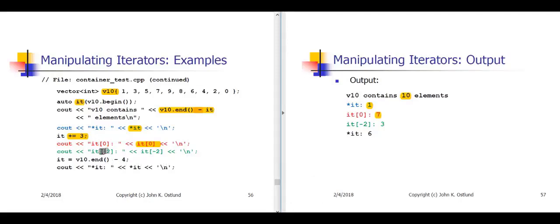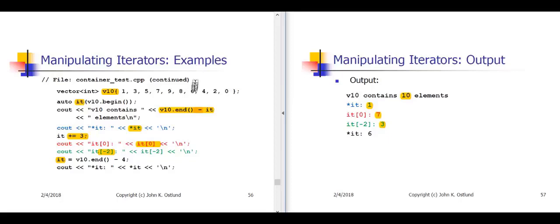I can use negative subscripts, just as I could if IT were an array or a pointer. IT sub minus 2 is the element that is 2 before the 7, which is going to be the 3. And if I set my iterator to the end minus 4, well, the end is going to be just beyond the 0, so minus 1, 2, 3, 4.